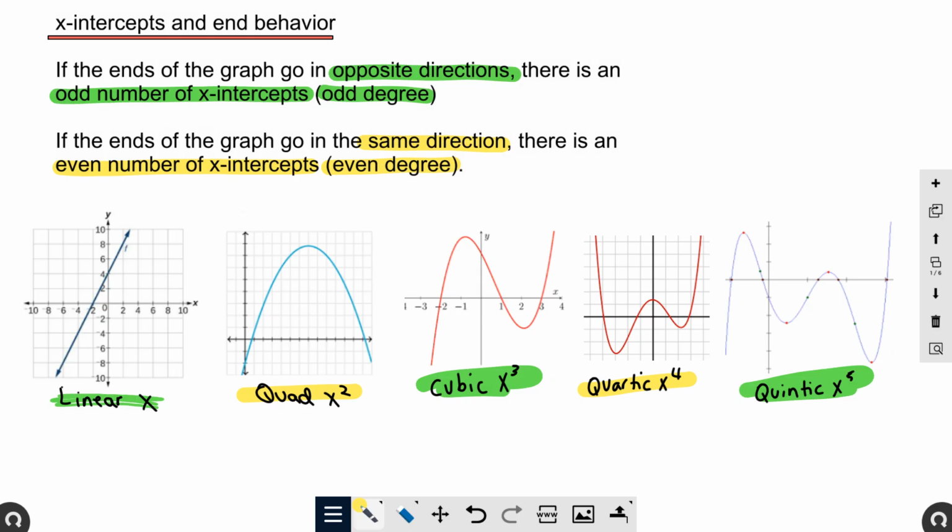So key things to remember: odd degree, opposite directions, odd number of x-intercepts. So all the O's go together: odd, odd, opposite. And if it goes in the same direction, it has an even degree, and so it has an even number of x-intercepts. So let's do some examples.